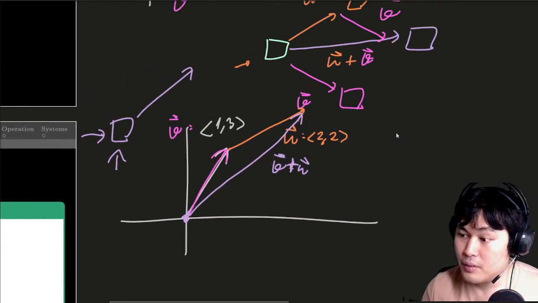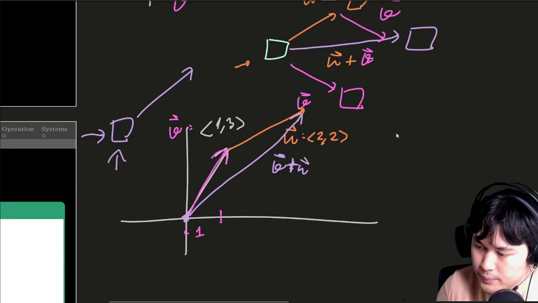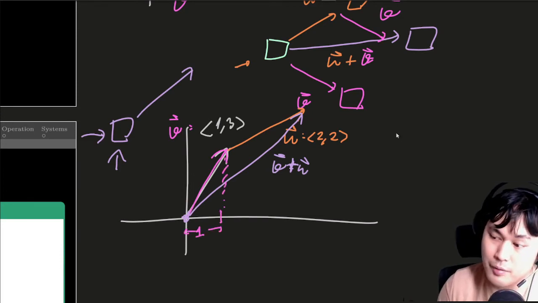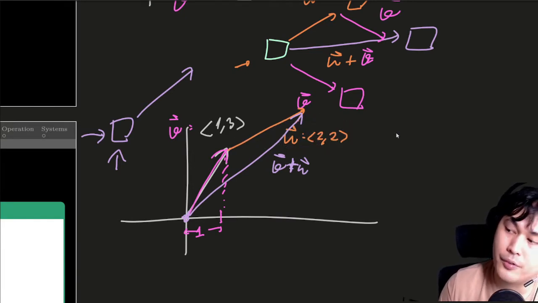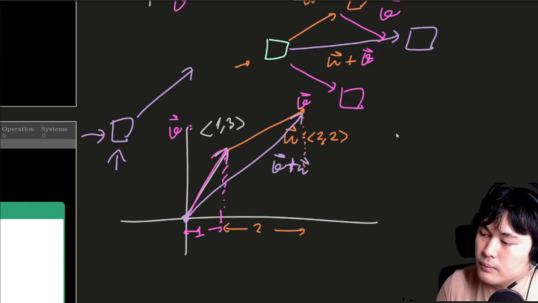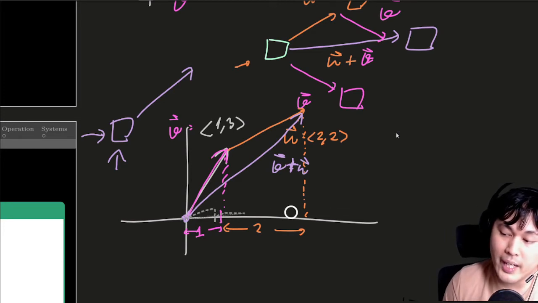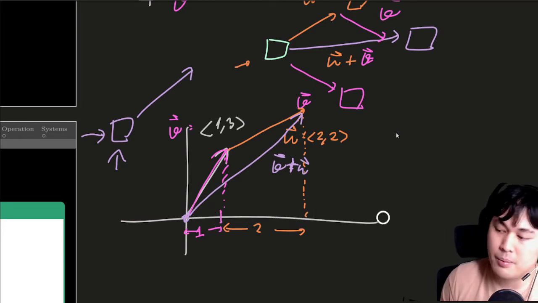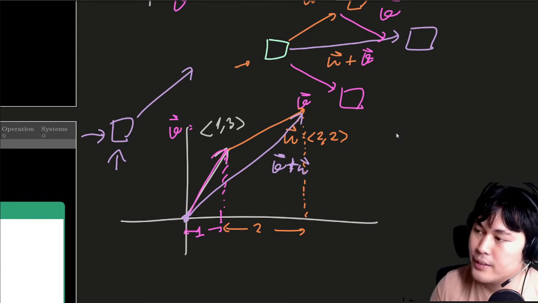If you just look at the x coordinate, you move one step here. So this has length 1 from the vector v, and then this vector u tells you to move 2 steps to the right. If you move 1 step to the right and then 2 more steps to the right, that's the same as moving 3 steps to the right.